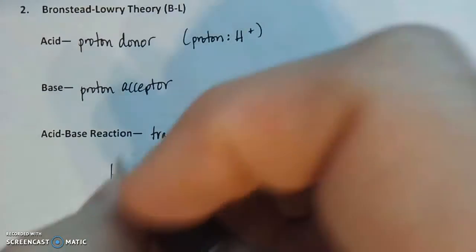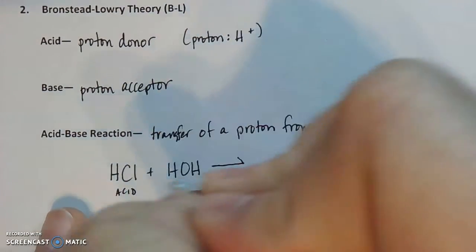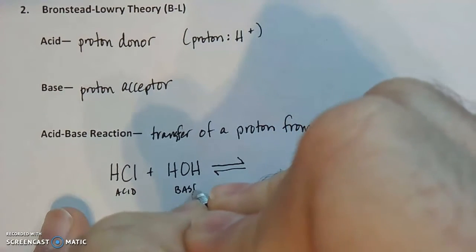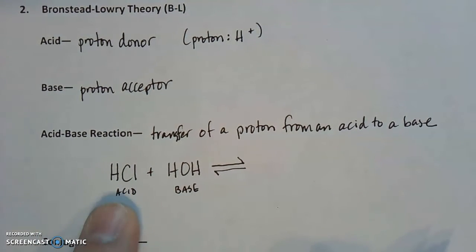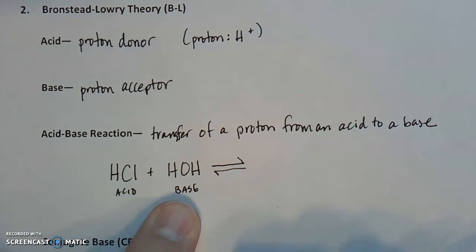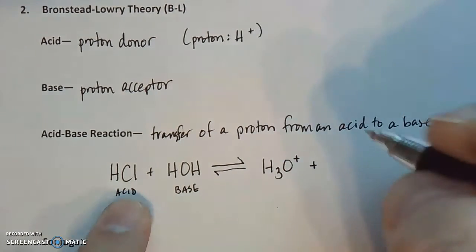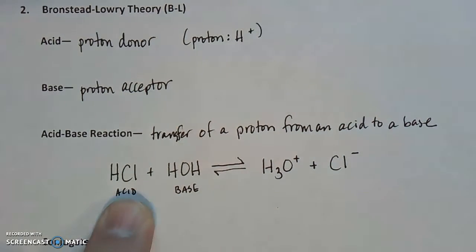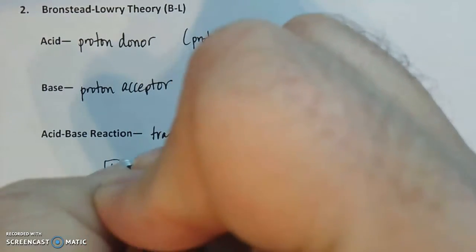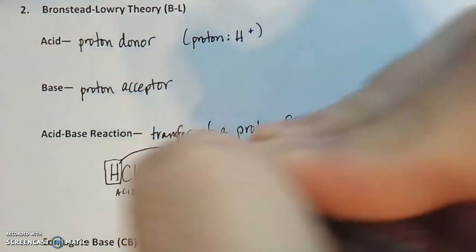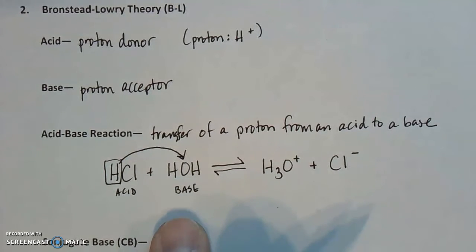So this one is going to be our acid, and this one is going to be our base. So an acid donates a proton to the base. So an H is going to go from HCl and add on to here to become H3O+, and then we're going to end up with Cl-. So we have a transfer of a proton and an acceptance of a proton to the base.